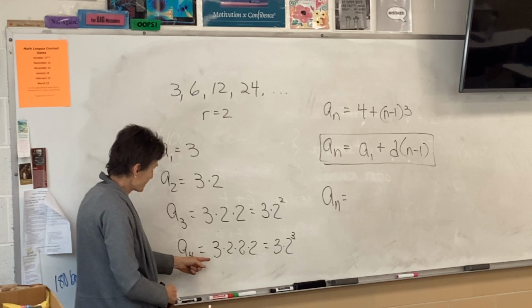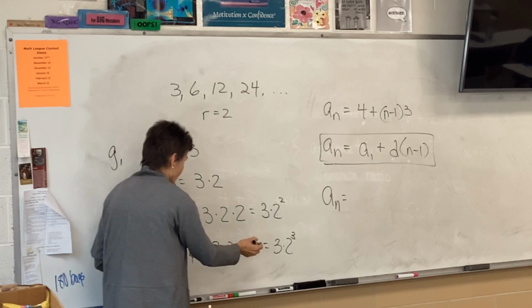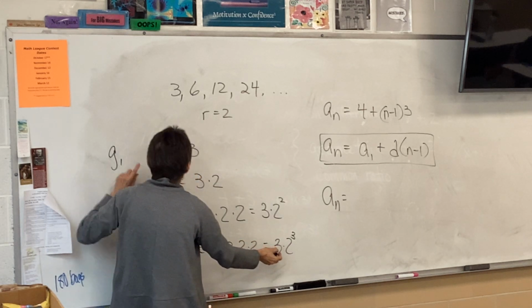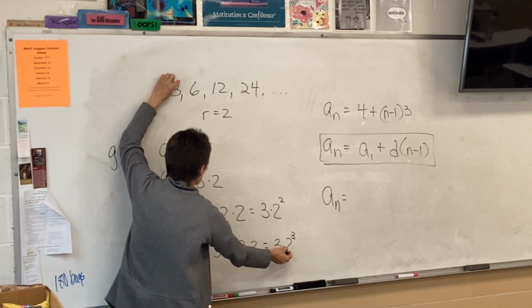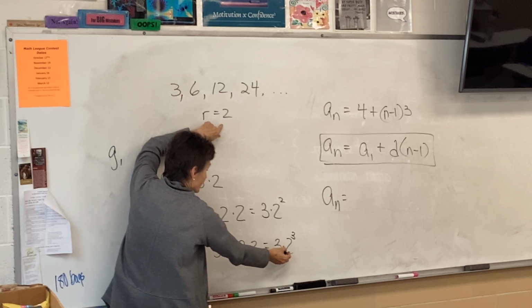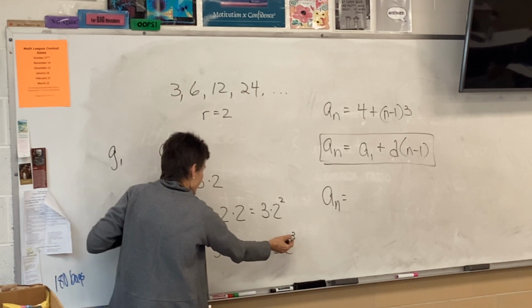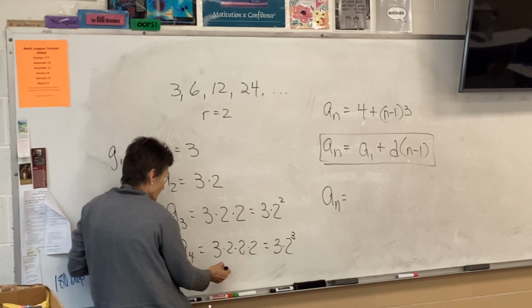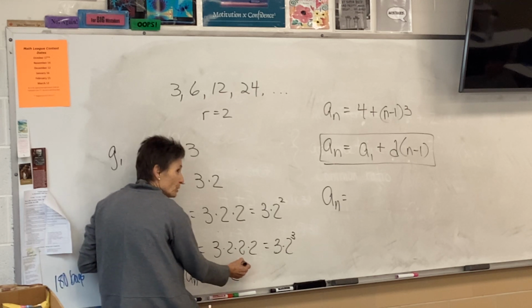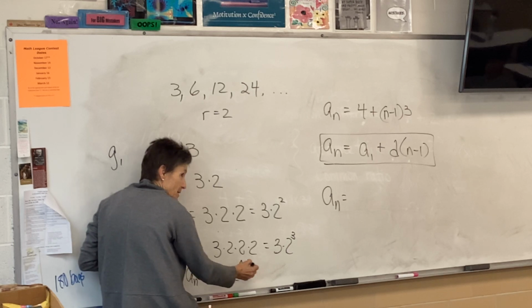Well, it looks like we take, in this problem, 3, but what was 3? 3 was our first term, times 2, which was our ratio, and then what power, if this is an n, then that power would be n minus 1.